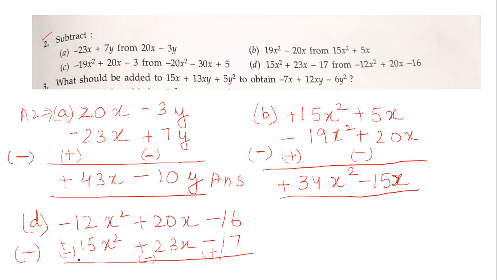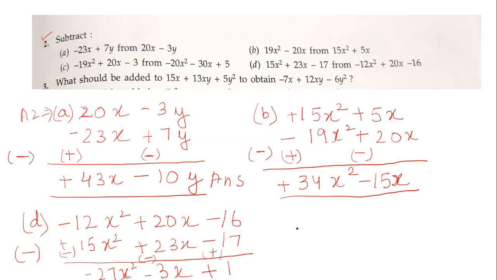Minus 12 minus 15, it is equal to minus 27x square. Then 20 minus 23 is equal to minus 3x. Then minus 16 plus 17 is plus 1.